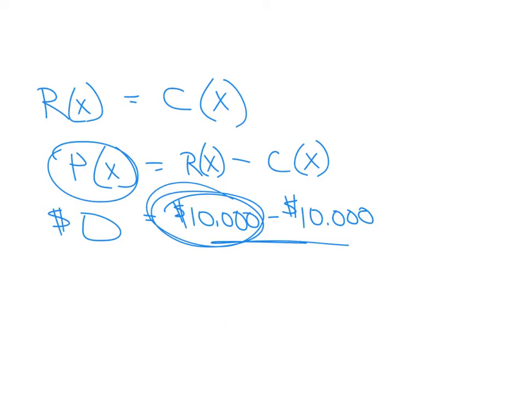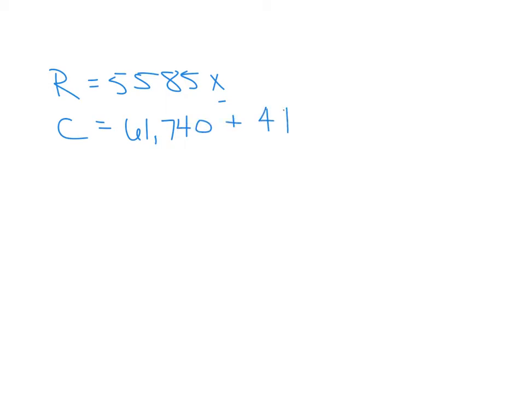All right, so let's suppose that we've got this company and its total revenue for a product is given by R equals 5585x. Usually that x is how many pieces of that item they sold. The total cost in the same problem is C equals 61,740 plus 440x. The 61,740 would be how much setup costs were to get started.